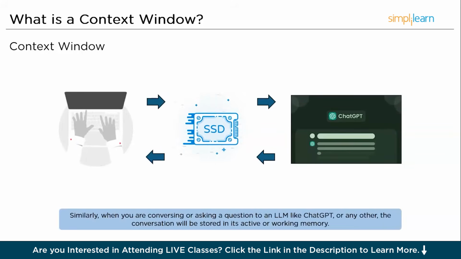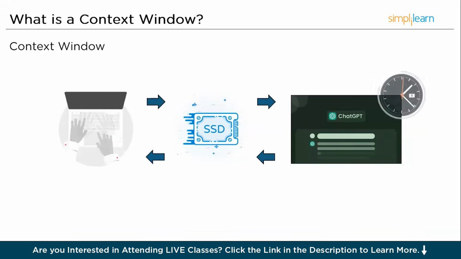So whenever you're conversing with an LLM, the conversation is stored in the currently active memory, also called the working memory. As long as the conversation is within the available memory space, you will not face any hallucinations, and the LLM will not forget any detail that you are trying to convey to it. But once crossed, you can expect the same with your LLM as well.